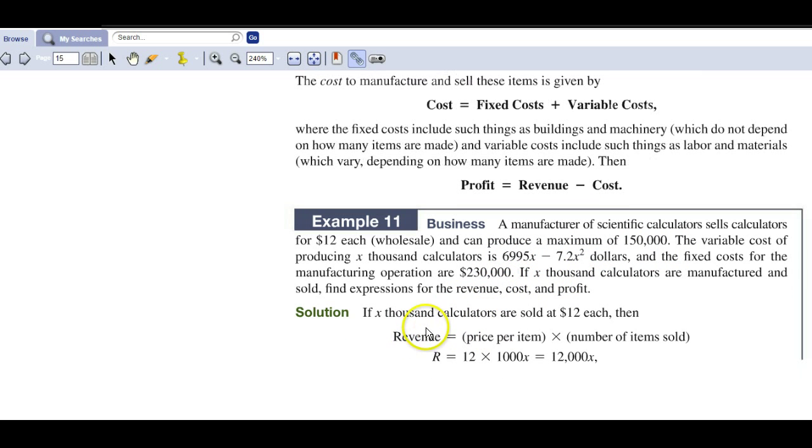And if X thousands calculators are sold at $12 each, then the revenue, that would be the price you gain for each item, times the number of items sold, would be this.